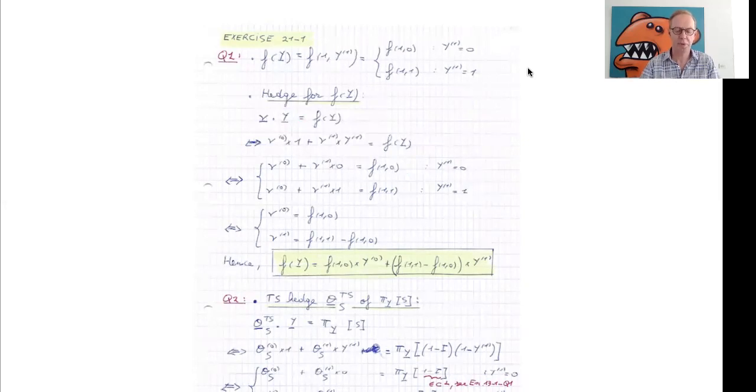So we can solve this for the two unknowns, mu0 and mu1. mu0 is given by f(1, 0), while mu1 is given by f(1, 1) minus f(1, 0). That means that the derivative F(Y) can be written as the time 1 value of the hedge mu, with mu0 equal to f(1, 0) and mu1 equal to f(1, 1) minus f(1, 0).